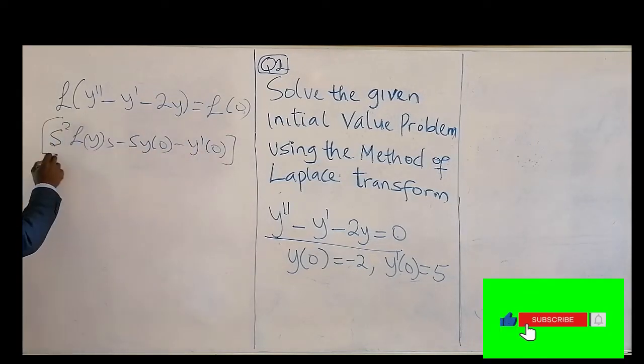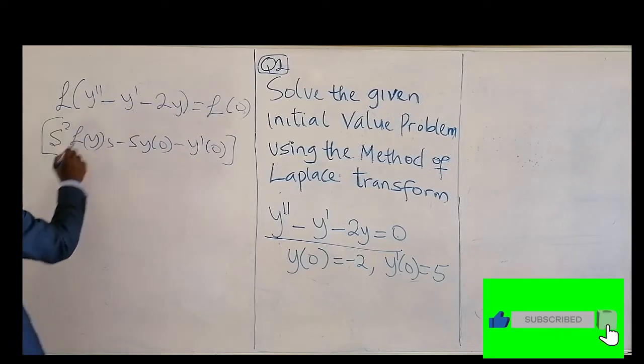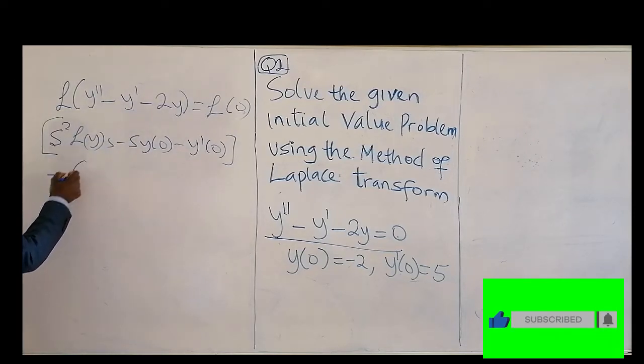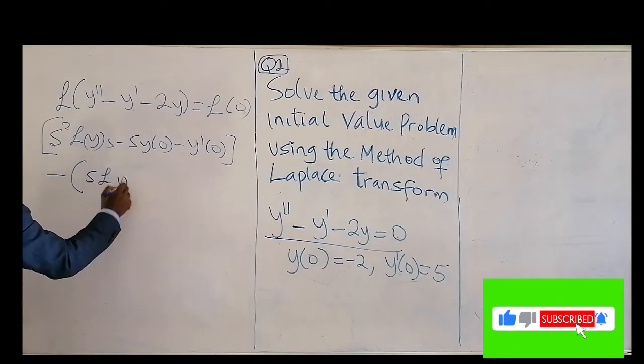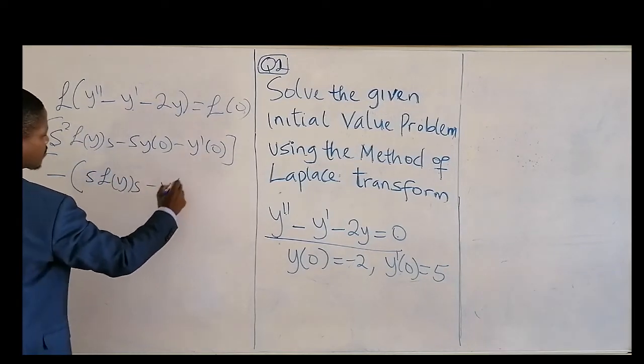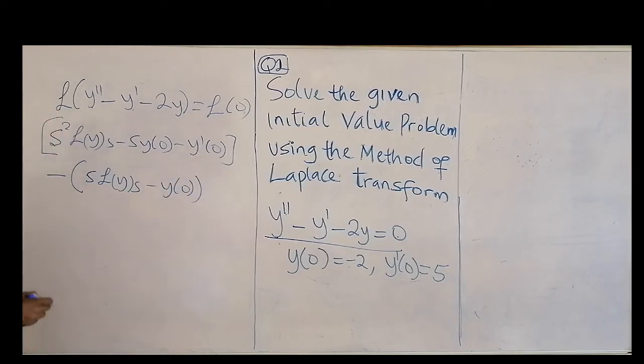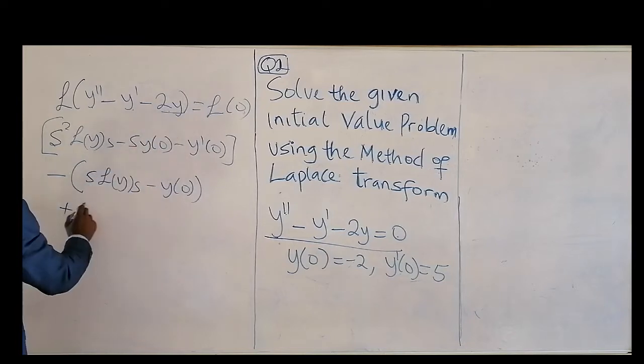That's the Laplace of the second derivative. Laplace of the first derivative, your minus is there, open your brackets. Then Laplace of the first derivative is this. Close the brackets. Then plus Laplace of this, that will be 2.